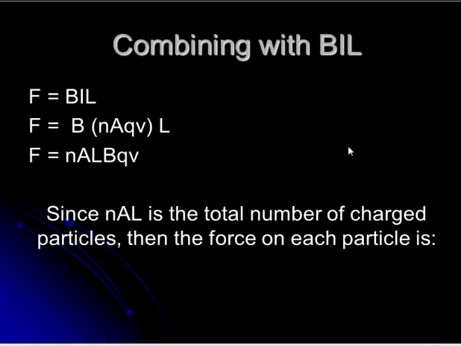So if I'm only interested in the force on each individual particle, I divide this value by n A L, which cancels out to give me the force equals the charge times the velocity times the magnetic field strength. So that's the force any charged particle is going to undergo.